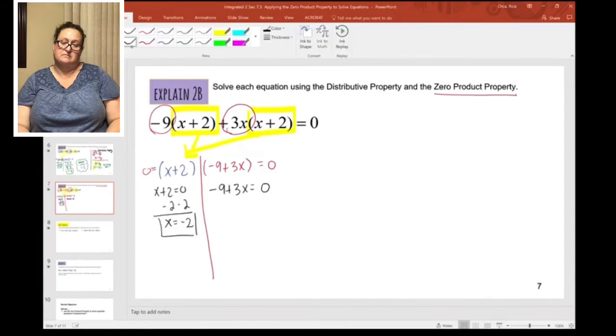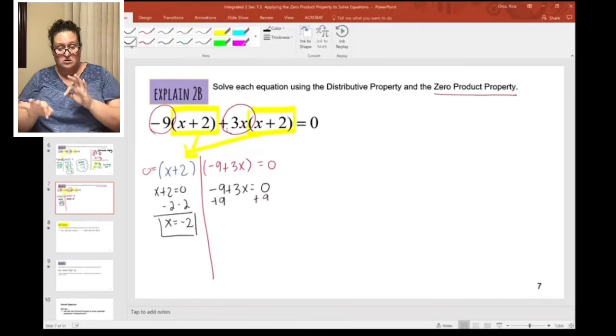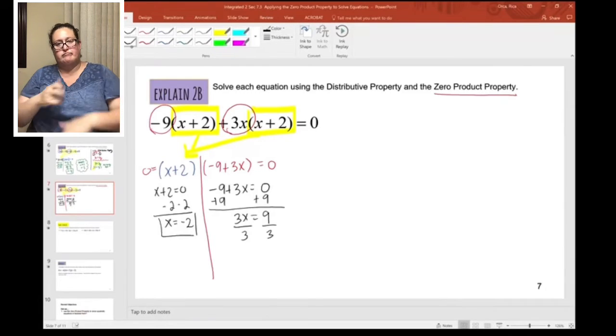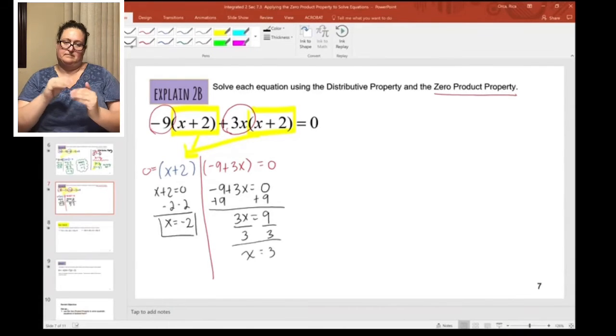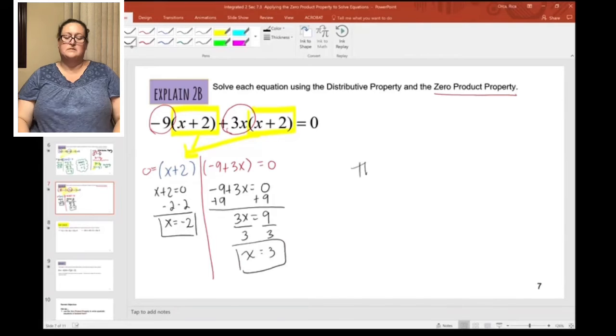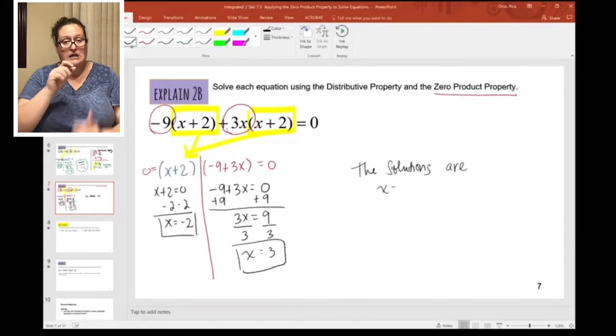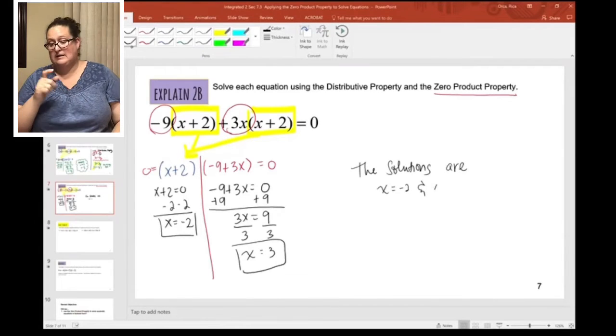In our second equation, add 9 to both sides, which is 3x equals 9. Divide both sides by 3, x equals 3. So the solutions are x equals -2 and x equals 3.